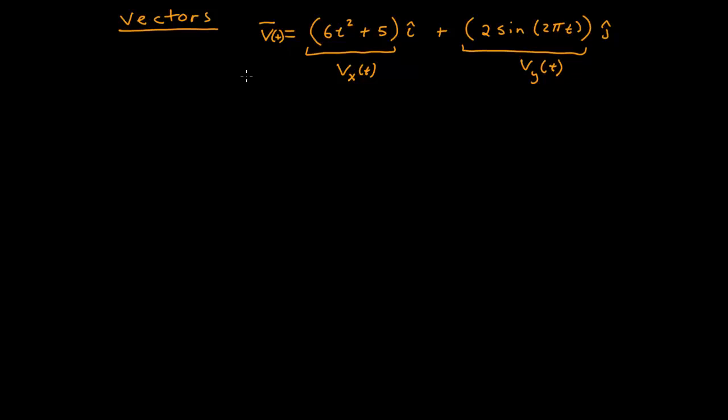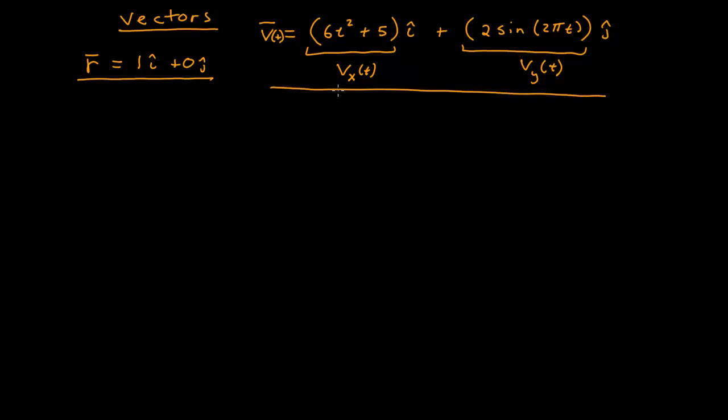And so let's say that our initial condition of our trajectory r is equal to 1 i hat plus 0 j hat. So there's my initial position. Here's my velocity. So how do I go about finding my trajectory?